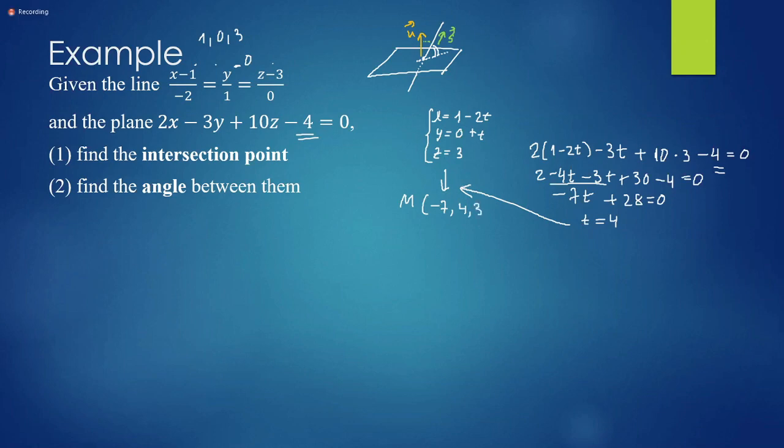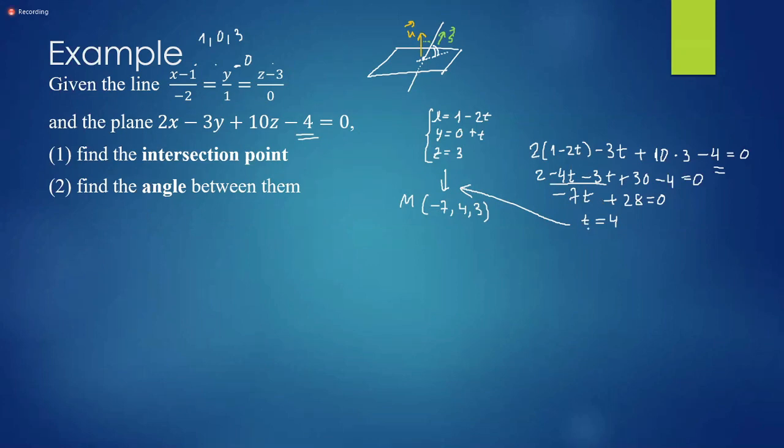This is the intersection point of the line and the plane. So this is not a very difficult method, as long as you understand how and why we are doing this. Yes, of course, we have to somehow solve a system, but the easiest solution is using one unknown only. That means parametric equations.